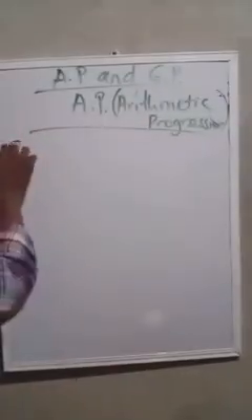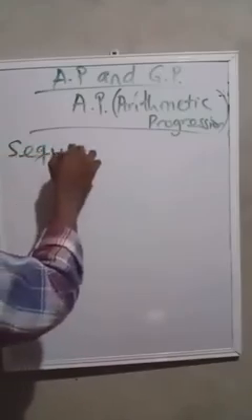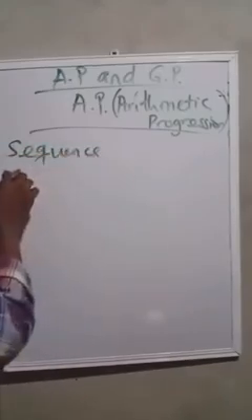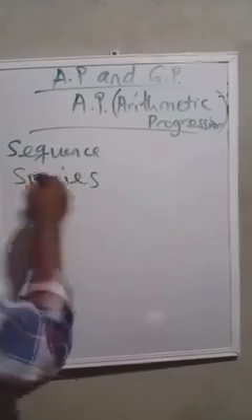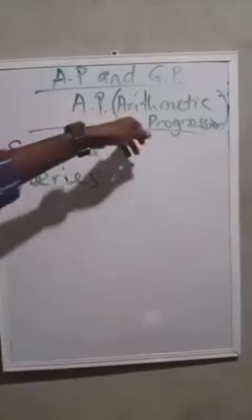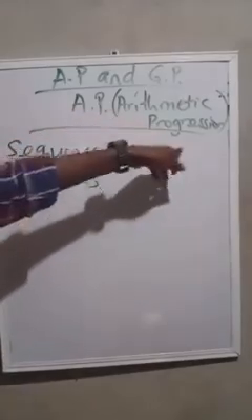So this is what we refer to as AP, arithmetic progression. Under this, we have what we call the sequence, and we have what we refer to as the sum, the series. But what is arithmetic progression?